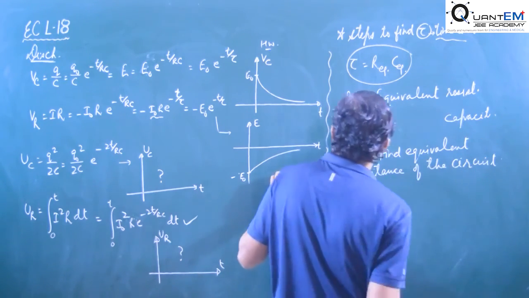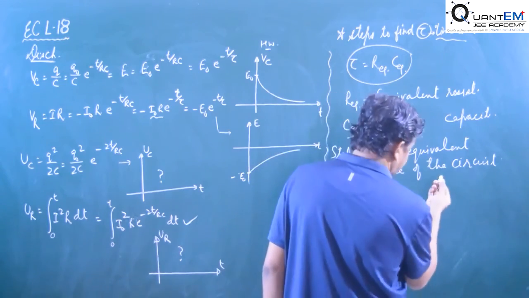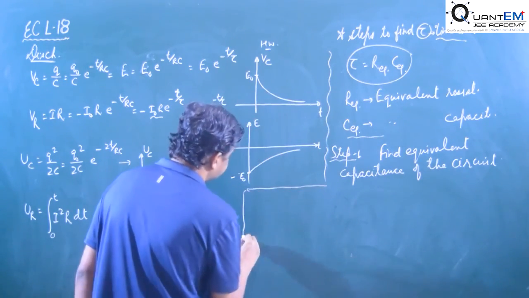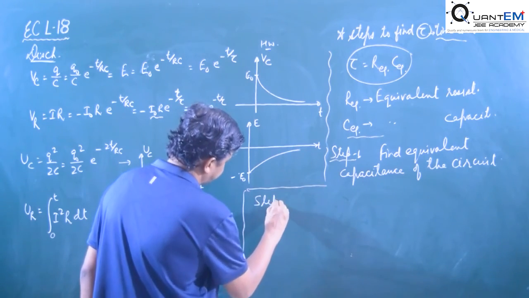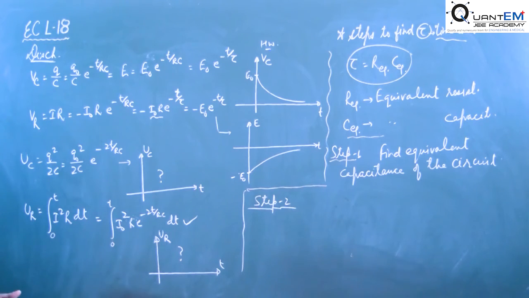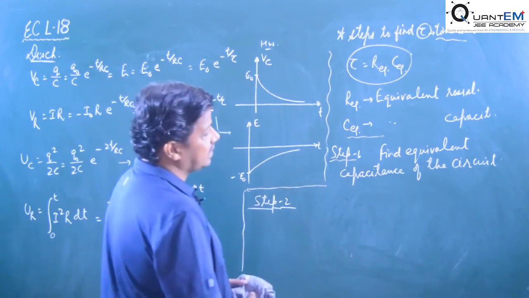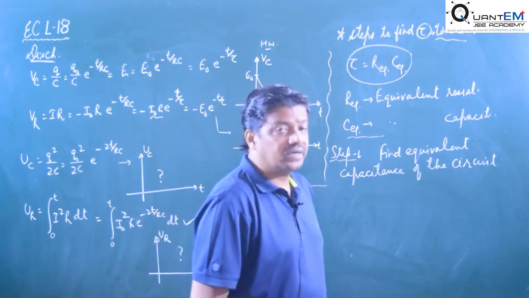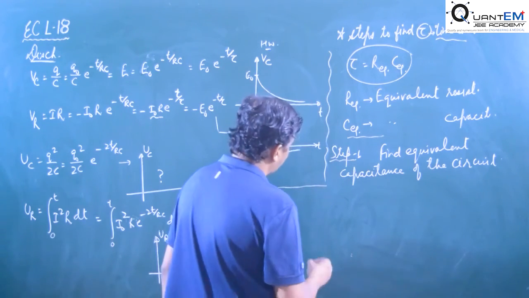Okay, and that is C equivalent. Okay, now step 2, in the second step you have to find the value of equivalent resistance. Okay, and it will be between the terminals of what? Equivalent capacitance only.